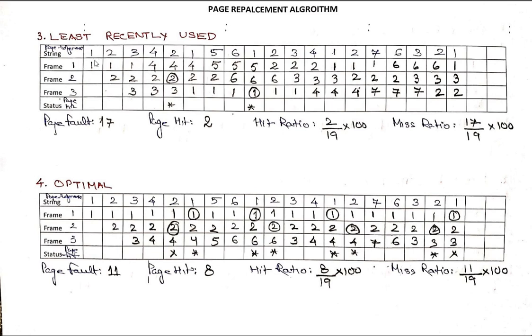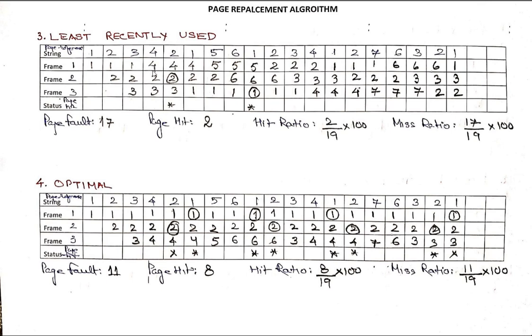Now let's see, the first page appears in this box, so this is considered a page fault. When the second page comes, 1 is already in the frame, so it goes to the next box and holds 2. When the third page comes, 1 and 2 are already there, and it takes the third space, so 1, 2, 3.